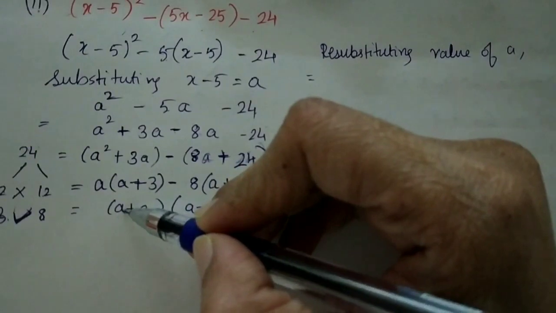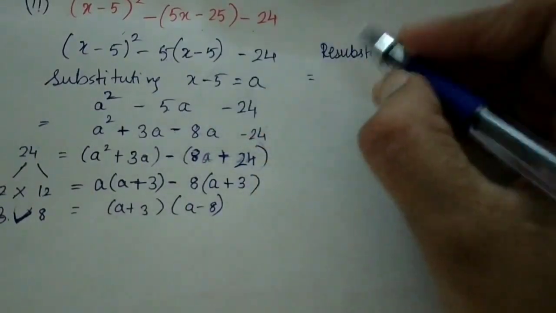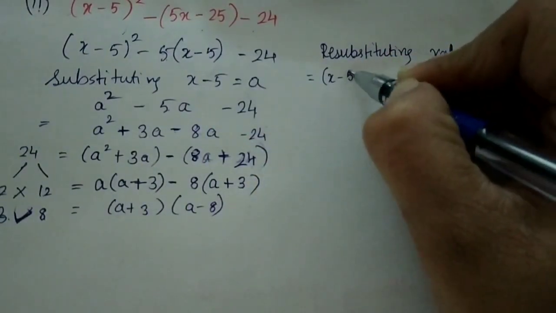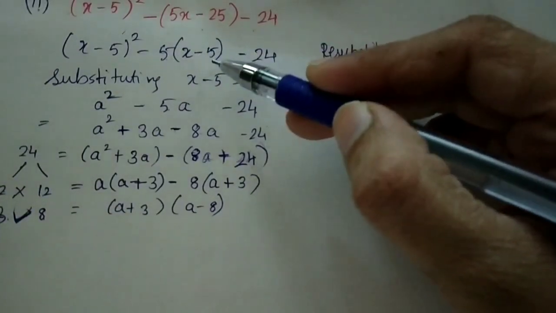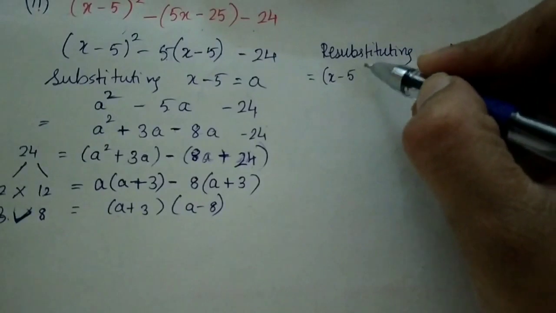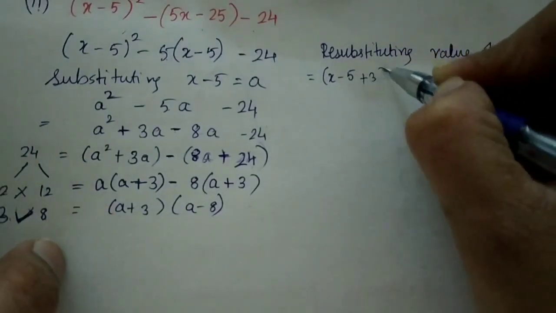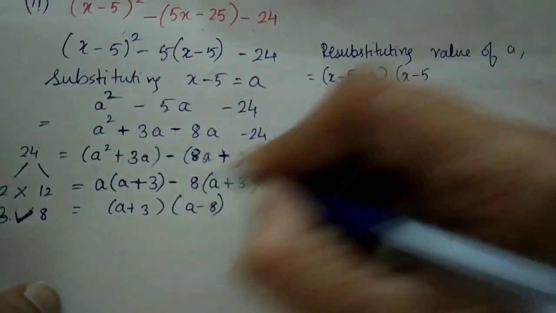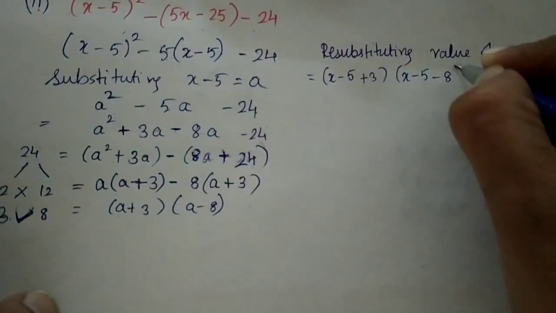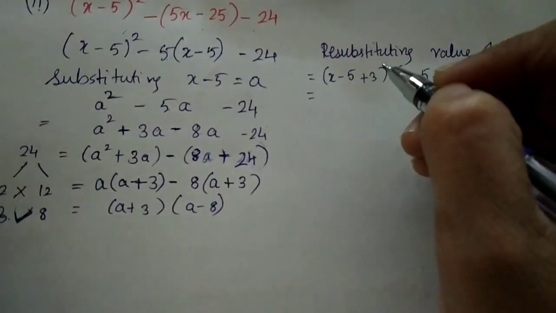Okay, so when we do that, what will we do? We will again replace a with x minus 5. So we'll write down x minus 5. See, this a we have replaced with x minus 5. So x minus 5 plus 3 will be one bracket, and here instead of a, x minus 5, and this minus 8. Okay, so now let us try to solve this.